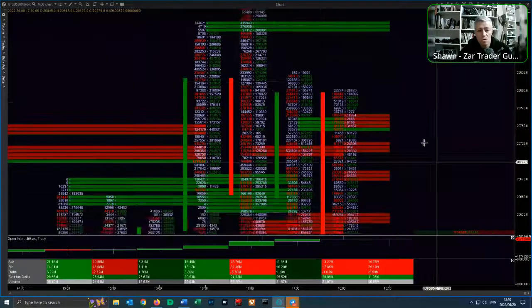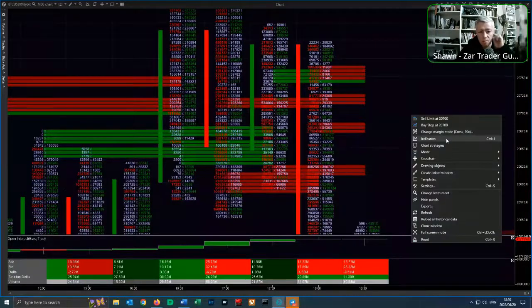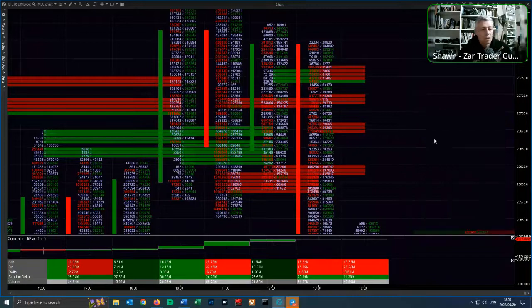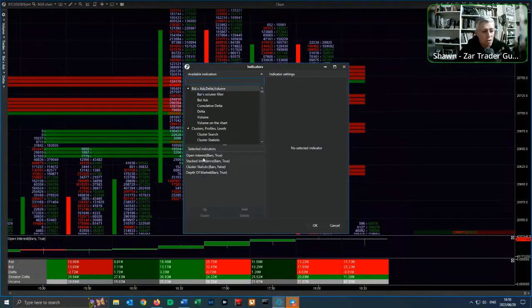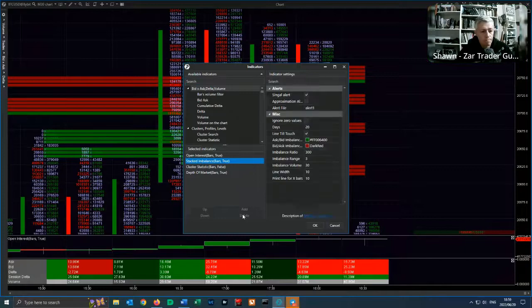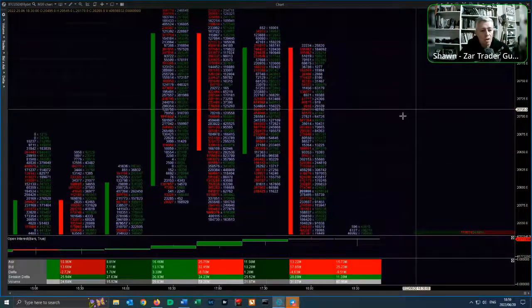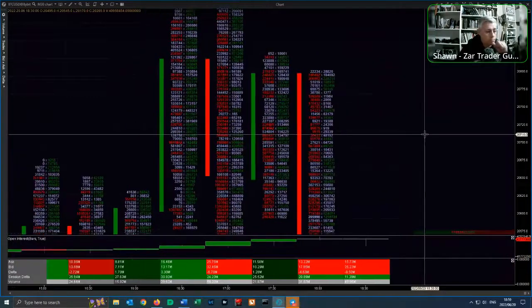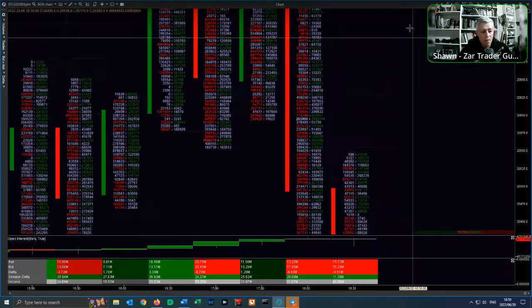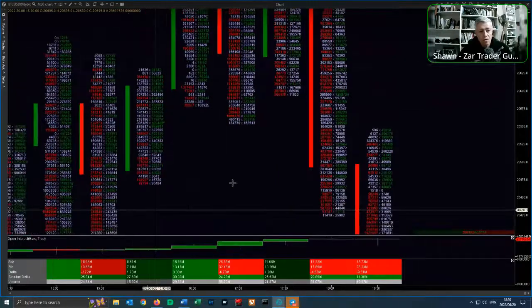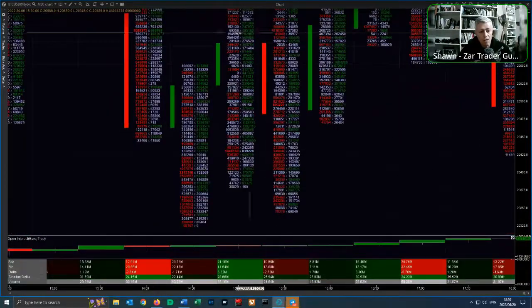actually, I'm going to turn off these stacked imbalances because it makes the chart less confusing. That is actually a little bit of a cleaner chart. Yeah, so generally, when you have a negative delta, you've got a candle going down.